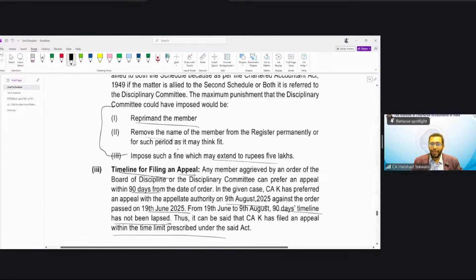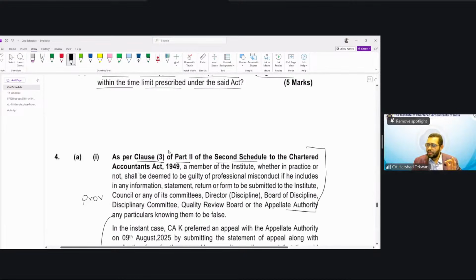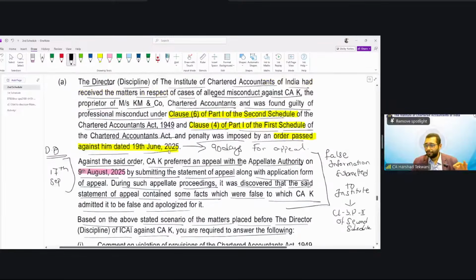This is how you need to write the answer for this question. Very good question, because it is not only clause specific, but also on the disciplinary mechanism. Clear? Any doubt?